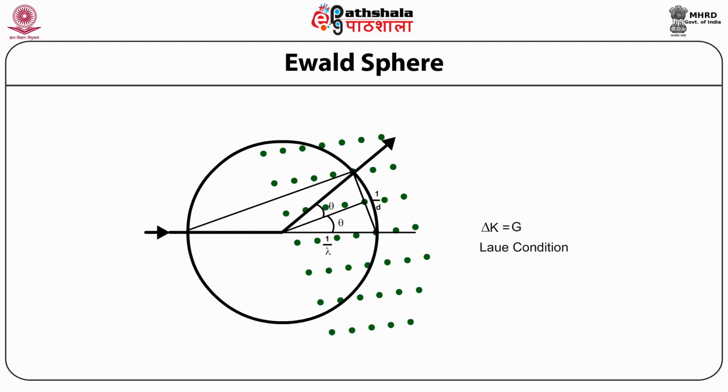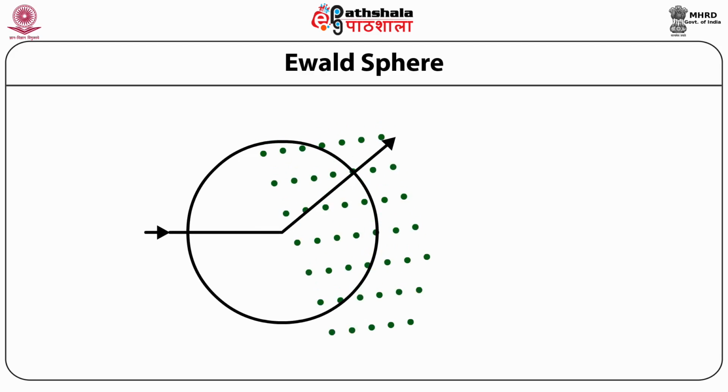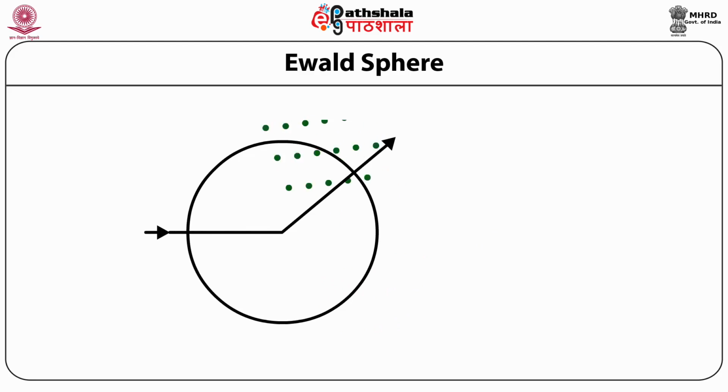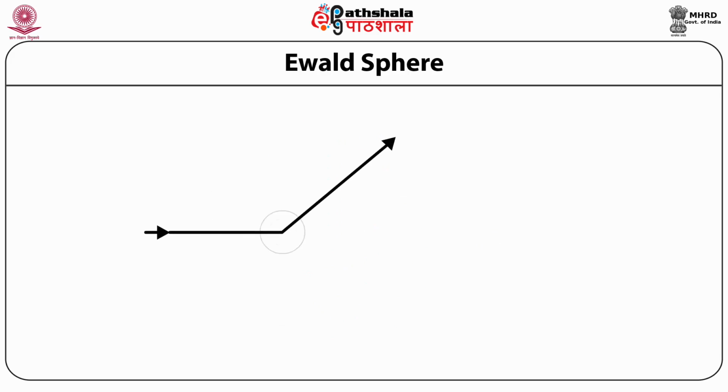You take this point on the circumference or outer surface of the sphere, and from the center you can draw the sphere, and whatever sphere you get is the Ewald sphere. So any point lying on this Ewald sphere will satisfy the Bragg condition or Laue condition, and will result in a particular reflection for that given direction.